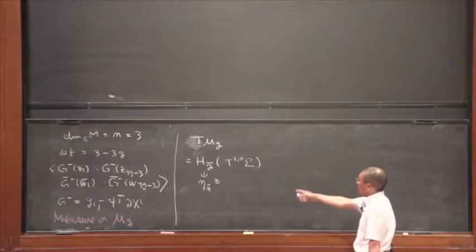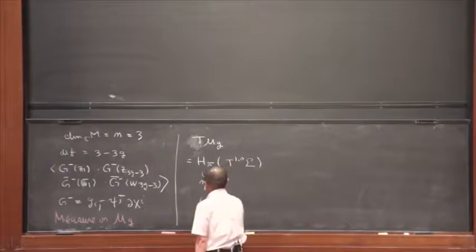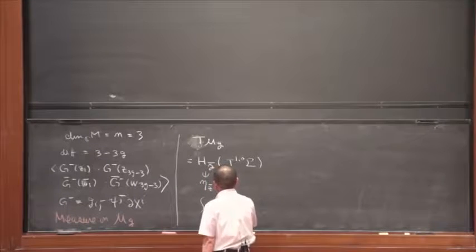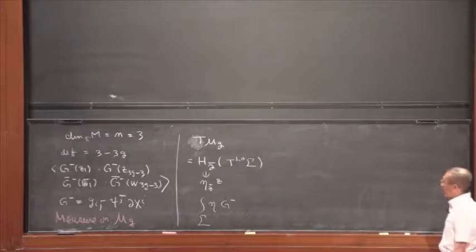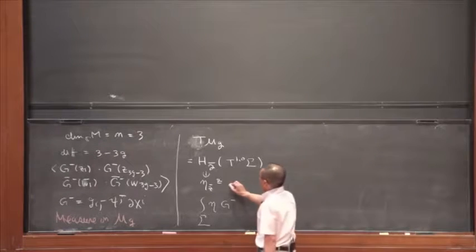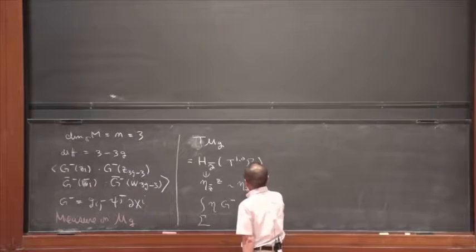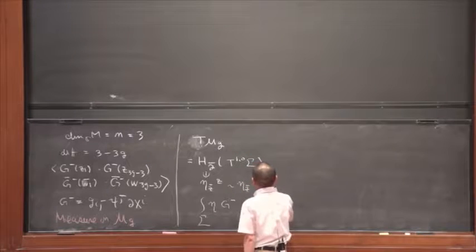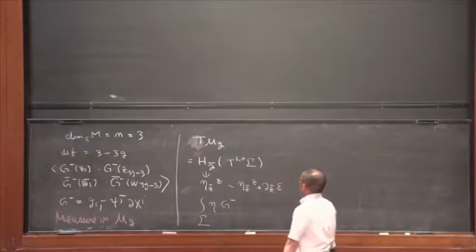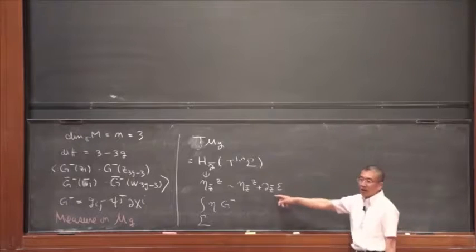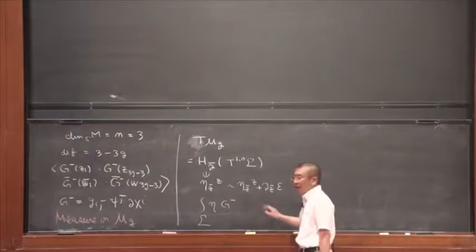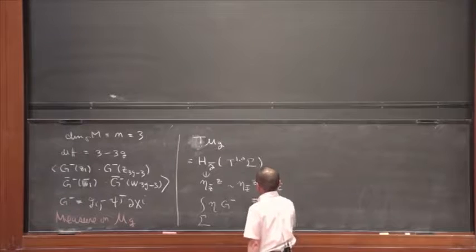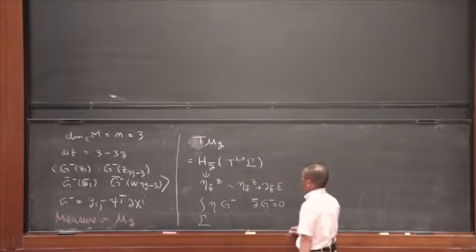If you have something like that, then you can integrate this with G minus, and then you get some kind of number out of it. Now, there is an ambiguity in the choice of basis of Beltrami differential because you can change the Beltrami differential by an amount which is a total derivative. But this won't change under this shift because del bar of G minus is 0.